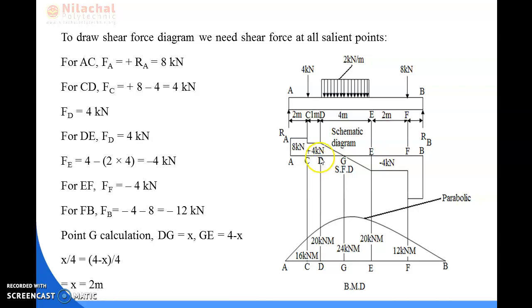So consider that DG will be X, and we know the value of DE is 4 meter, which is given in the question. Hence, if DG is X, then GE will be 4 minus X.